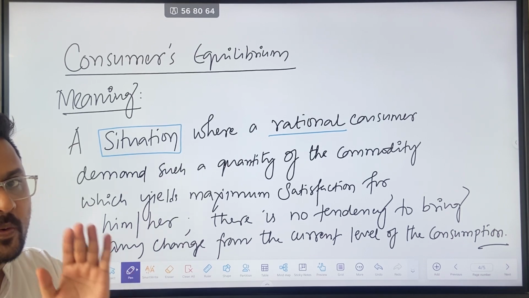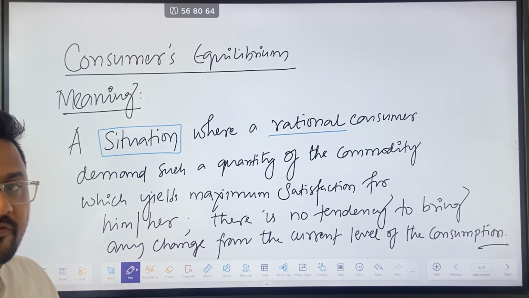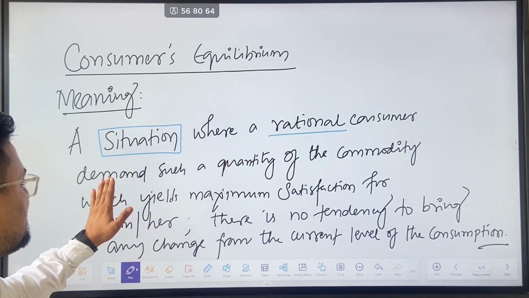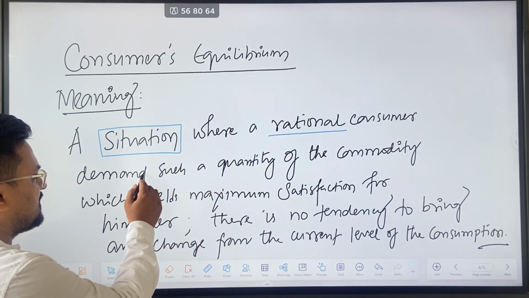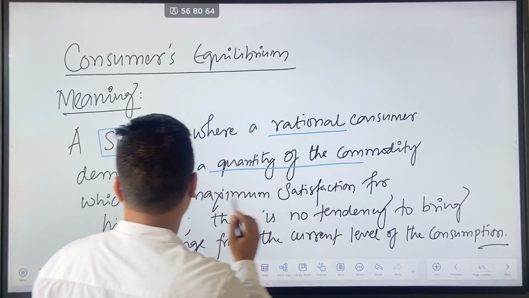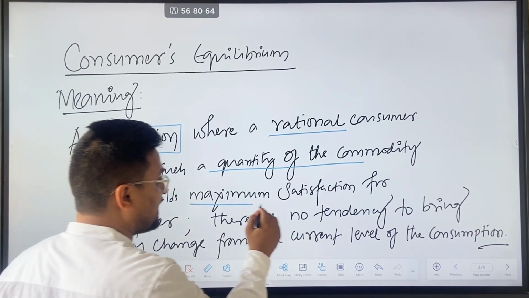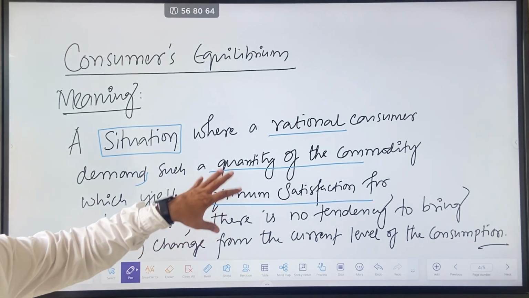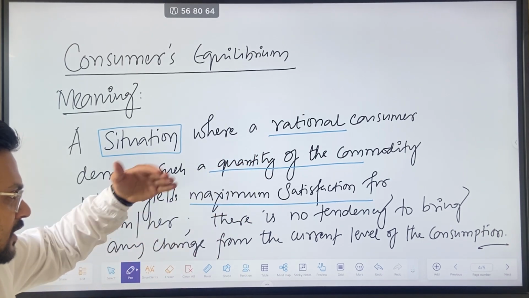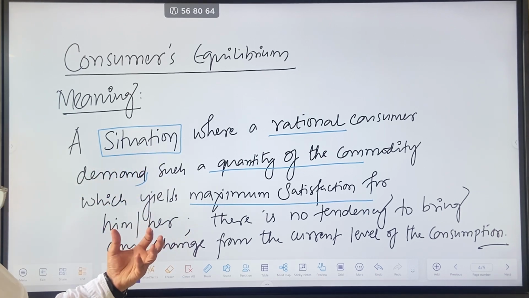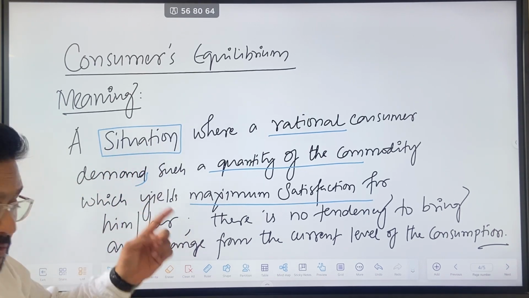That means he should know what is right and what is wrong for him. So a situation where a rational consumer demands such a quantity of the commodity which yields the maximum level of satisfaction is a situation where the consumer is said to be in the state of equilibrium.